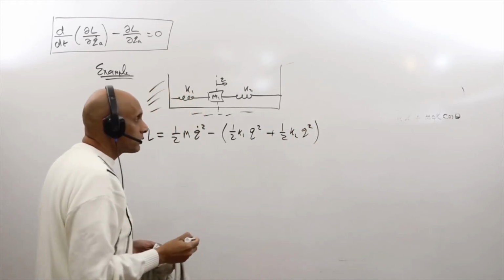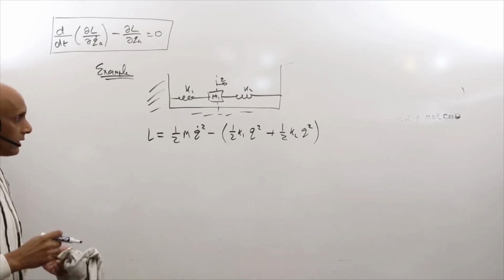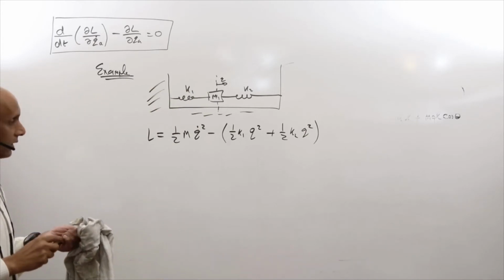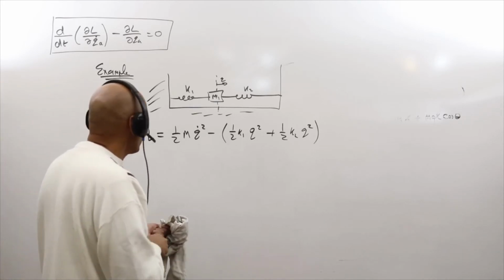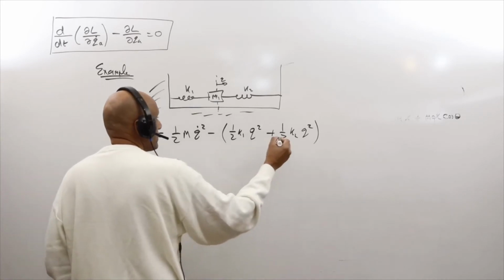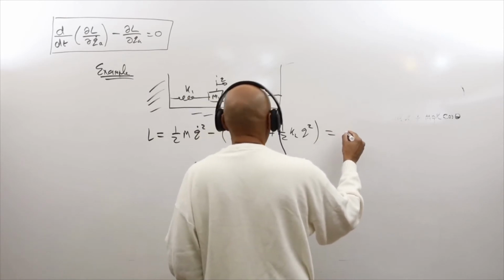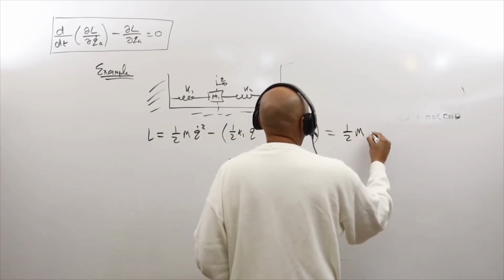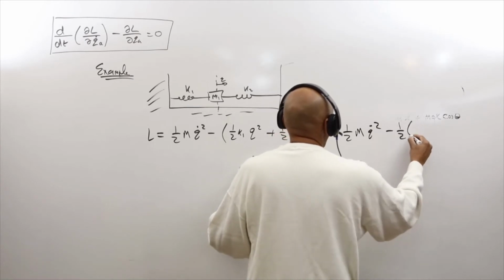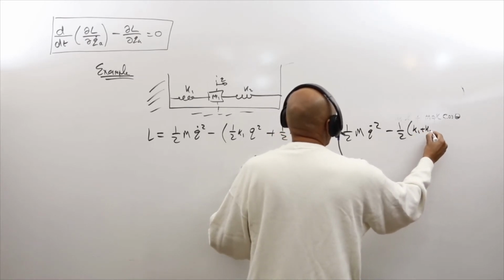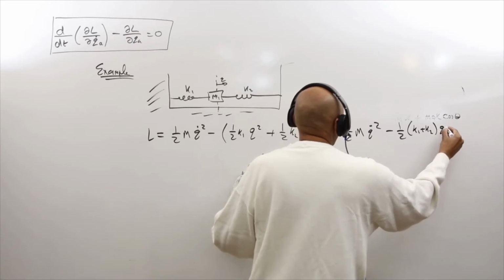So you should be able to write these Lagrangians very quickly. You don't have to kill yourself, but it's a very mechanical process to repeat over and over again. I'll reduce this a little bit so that we don't waste time. I'll factor out, so there's a minus 1/2 k1 plus k2 q squared.